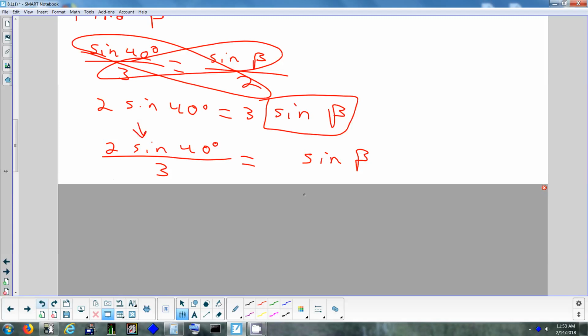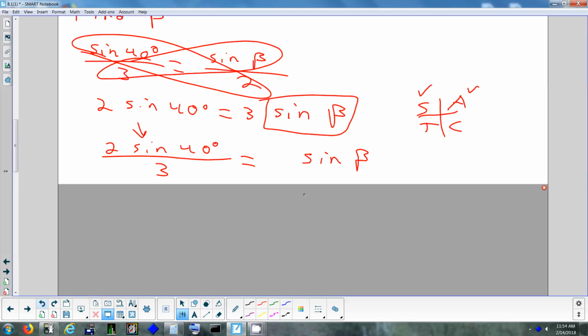Positive 2 times positive sine 40 divided by positive 3. What kind of number would that be? Imaginary. No, it's a positive times a positive divided by a positive. Positive. In what two quadrants is sine positive? 1 and 2. This is why there could be a second answer, because sine equals a positive number in 2 different quadrants.